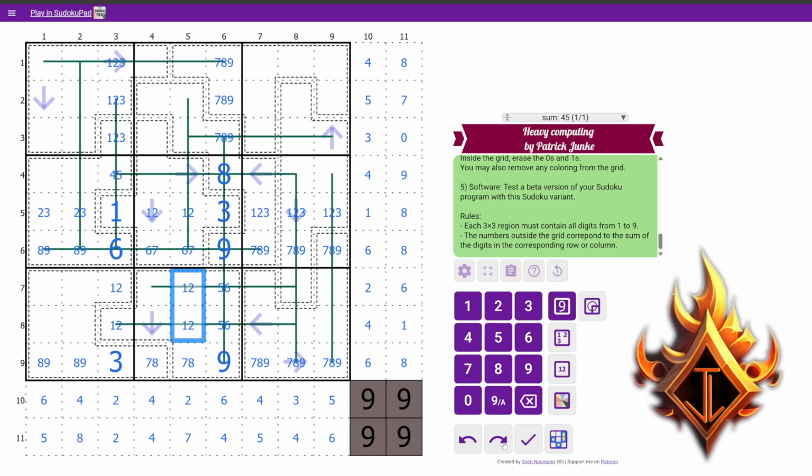Then for my up and down, it was 1, 2, 4, 1, 2, 3, 7, 6, 1. Good. That part was all good.